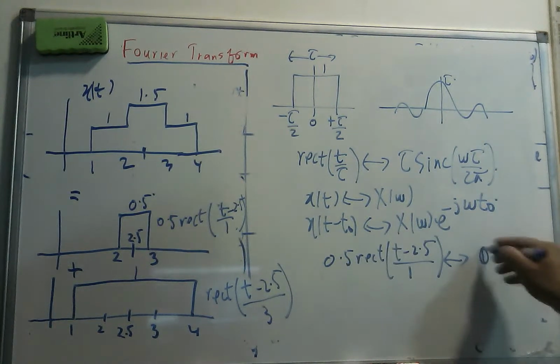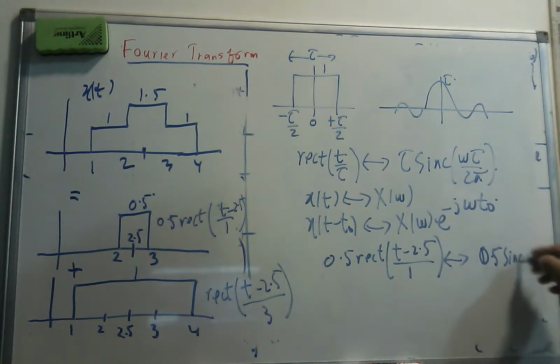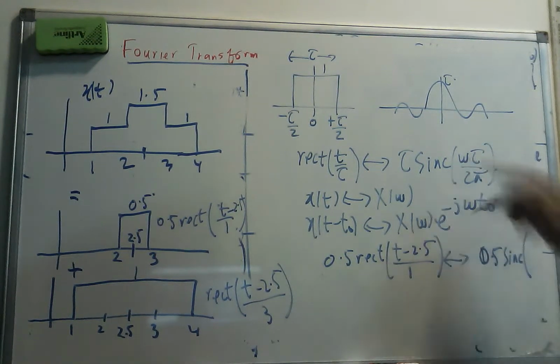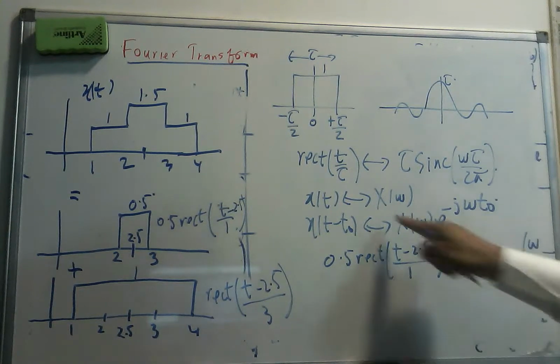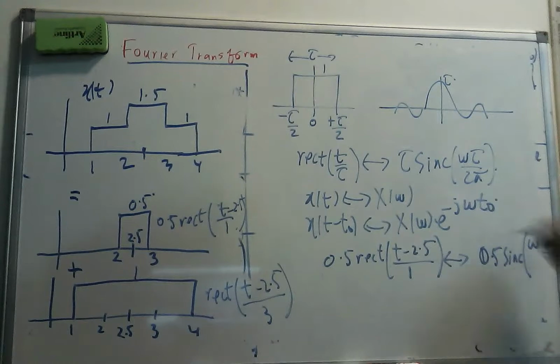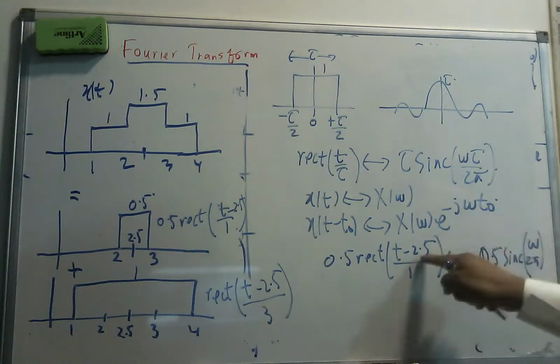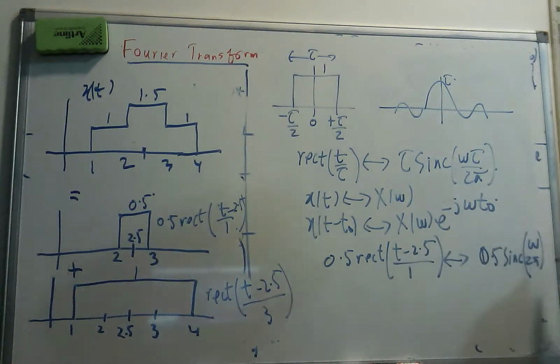So I have 0.5 sinc of omega tau over 2 pi, with tau equal to 1, and multiply by the phase, e raised to the power minus j omega t naught. T naught is 2.5 here, so multiply by e raised to the power minus j omega 2.5.